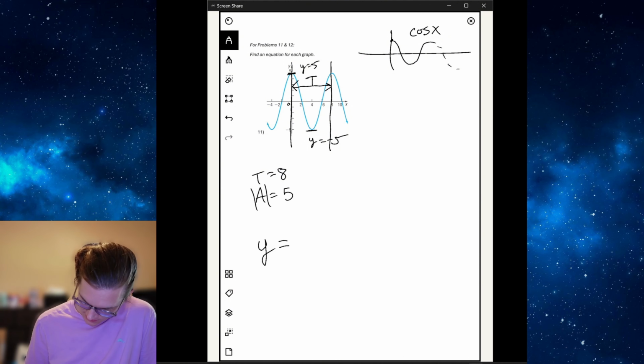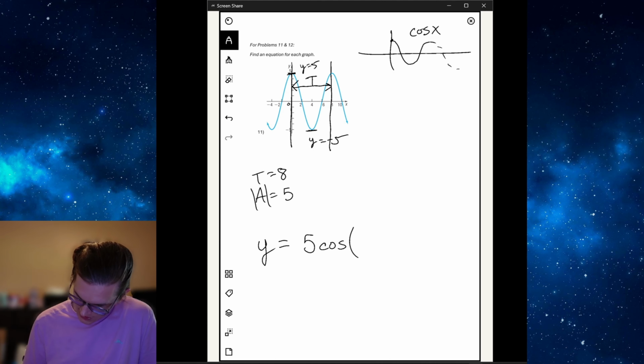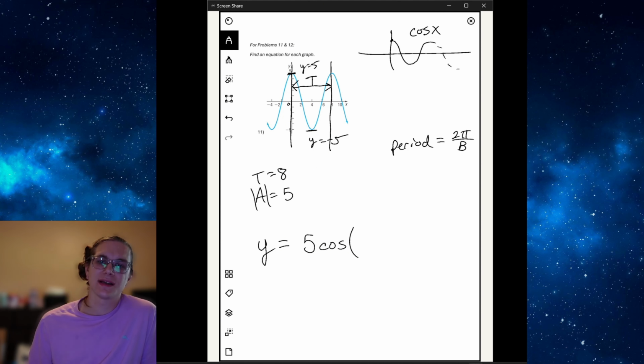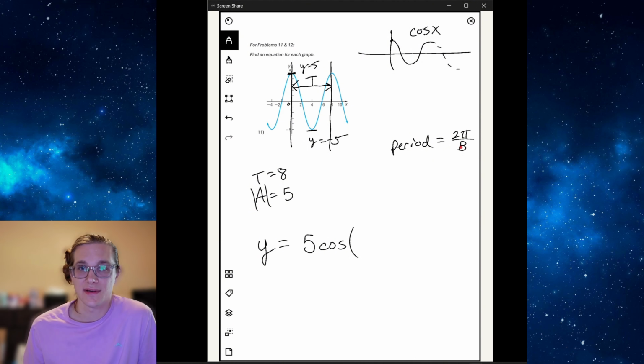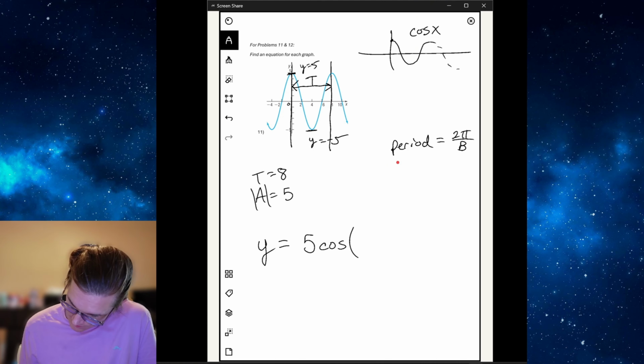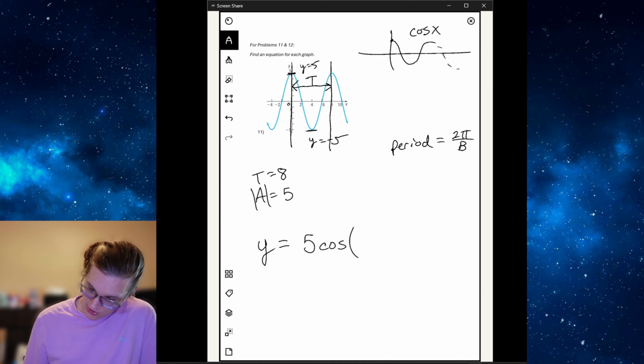So I'll begin writing it and say, okay, looks to me like a cosine with an amplitude of 5. And the argument in here is going to be, so my period, again, remember this is something you have to memorize, but honestly, math and physics students have it really easy because other majors have to memorize so much crazy stuff, but we just have to memorize 2 pi over b. I love it. Period is 2 pi over b. So period is 8.